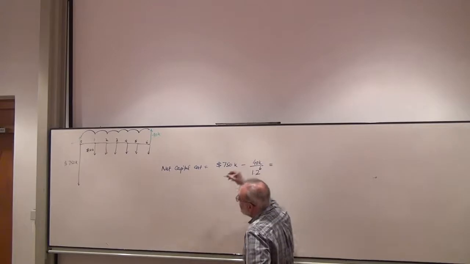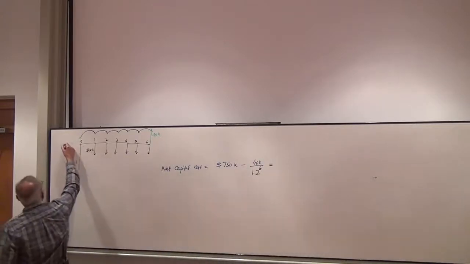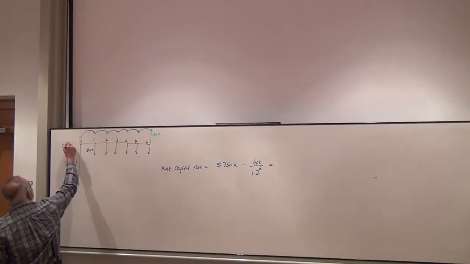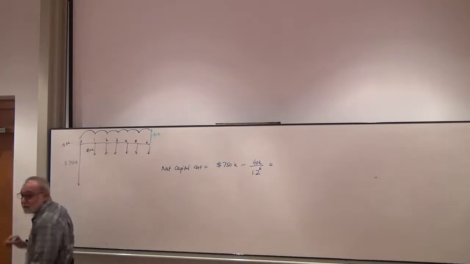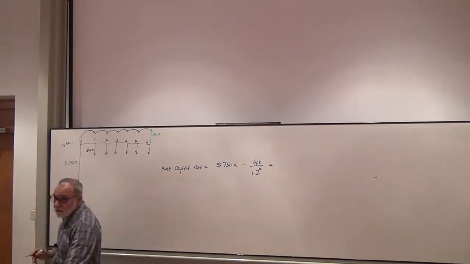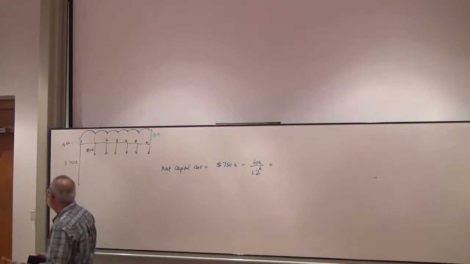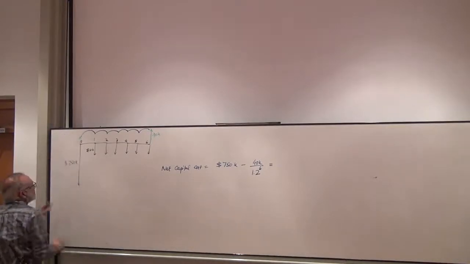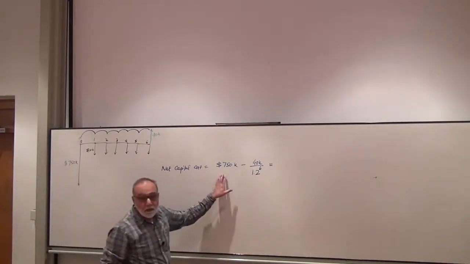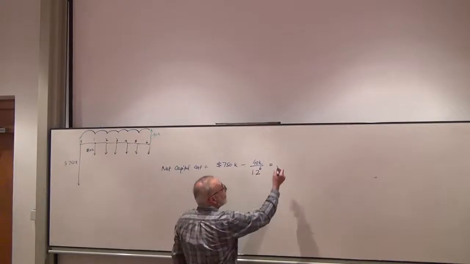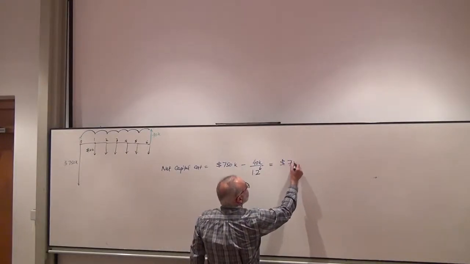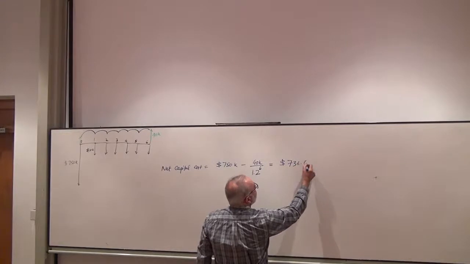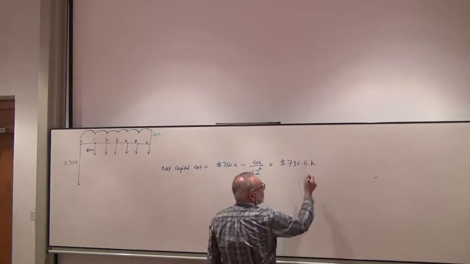This is 13.4K. This is the total. 750 is already there. 736.6. $736.6K.